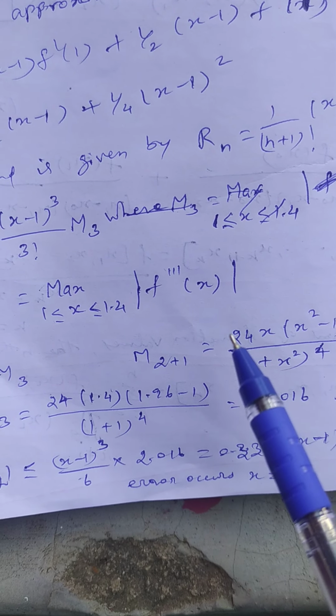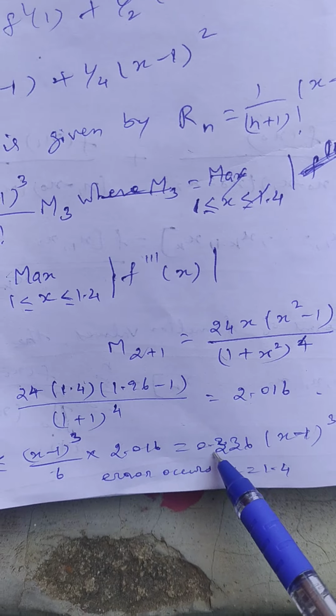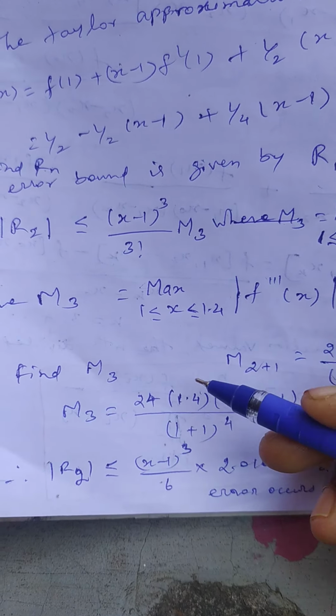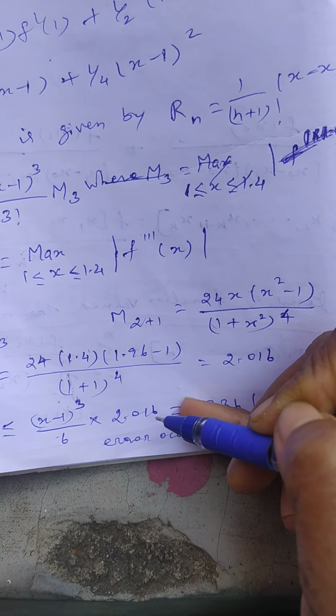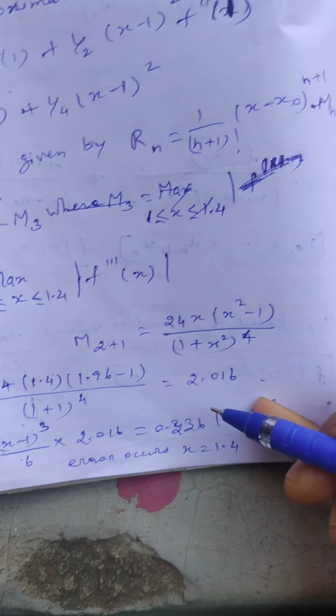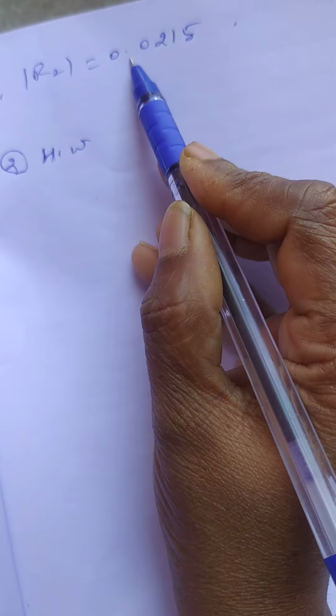Since this is a closed interval, 1.4 is included, so we apply 1.4 here. (1.4 minus 1) the whole cube by 6 into 2.016 gives R2 equal to 0.0215.